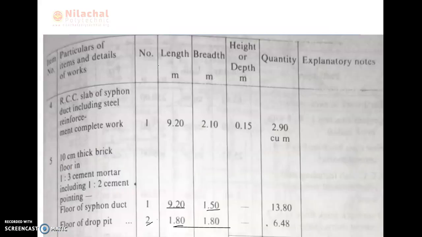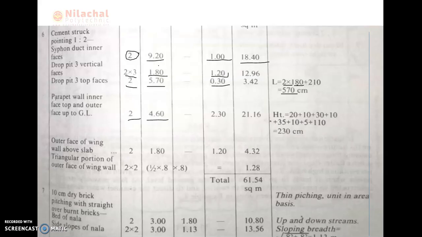230. Okay, 20 plus 10 plus 30 plus 10 plus 35 plus 10 plus 5. 20 is the thickness of the 30 centimeter wall, then 10 is the thickness of the parapet wall, then 30 is the thickness of the 30 centimeter wall, and 10 is the offset, and 35 centimeter is the parapet wall thickness, where 10 is the offset, then 5 is the offset distance, then 110 is the opposite side ground to height of the parapet wall distance.